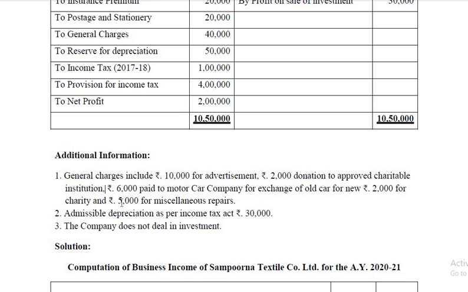So there are different varieties of donations: no limit donation with 100% deduction, no limit donation with 50% deduction, with limit donation with 100% deduction, and with limit donation with 50% deduction.